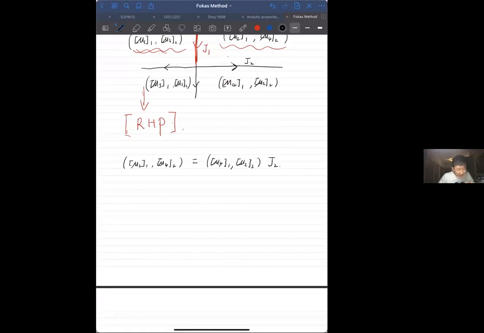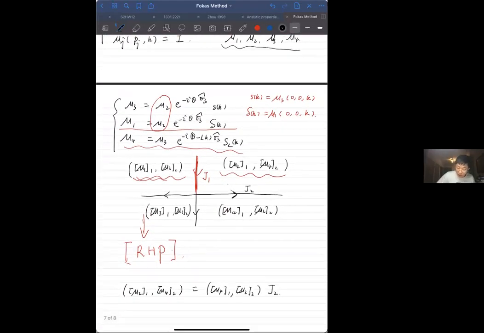And what we have is those relations here. S(L,k) is mu4 at (L,0,k). The jump matrix, or the scattering transform matrix S(L,k), is just mu4 at (L,0,k). They really work out very simply.